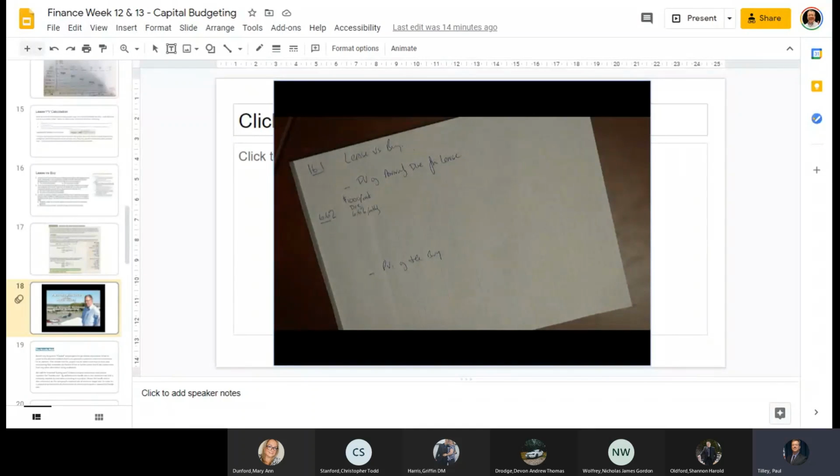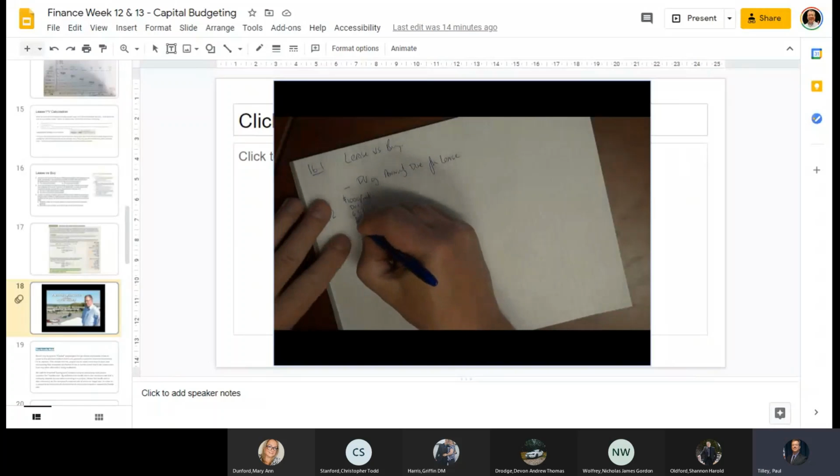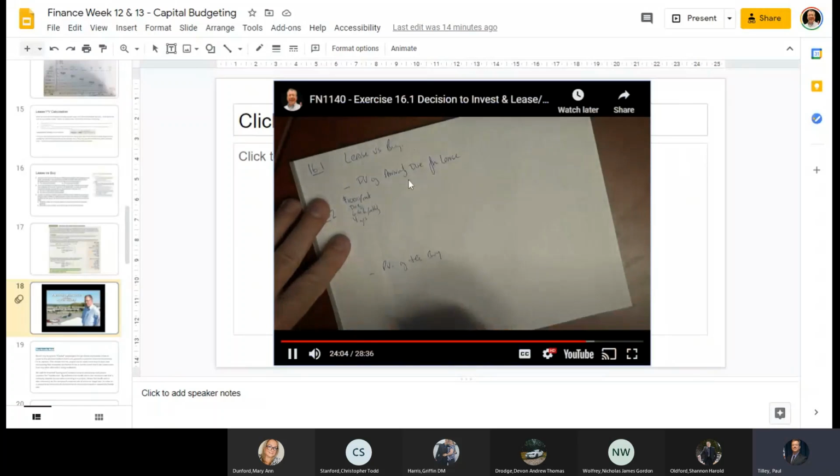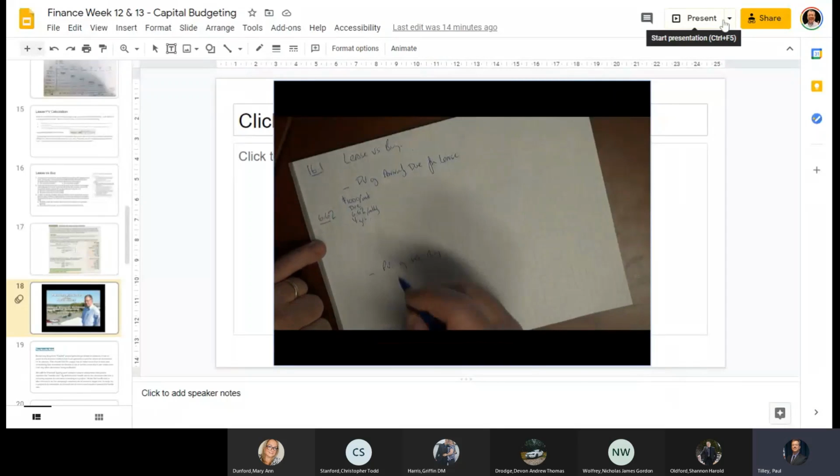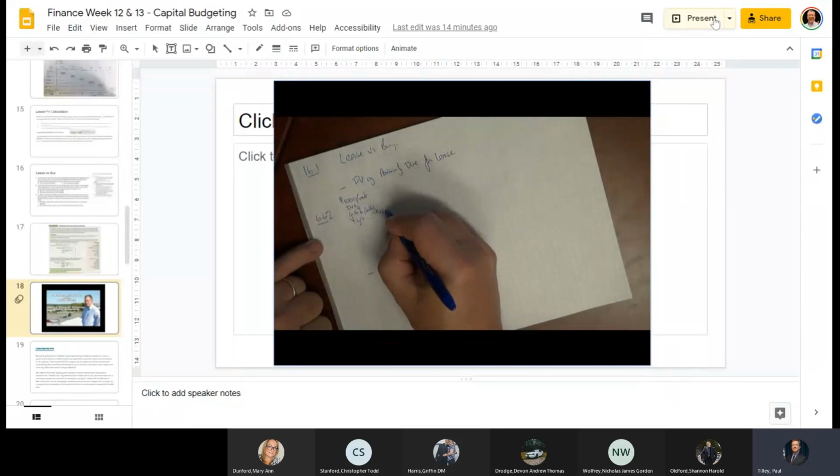So we've got some key figures there in terms of the lease. So let's just work that out first. And it's for 4 years. So that's a total of 48.